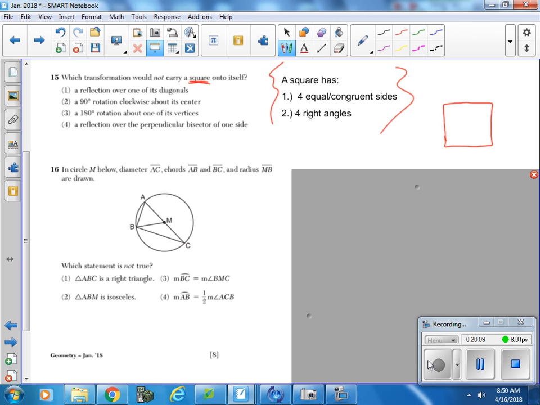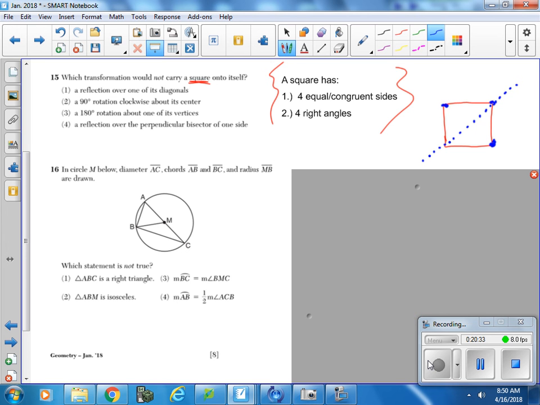A reflection over one of its diagonals. So let's just imagine drawing the diagonal of this square right there. If I reflect it, is it going to land right on top of itself? Is it going to be carried onto itself? Well, this point over here is going to land over here, all right?